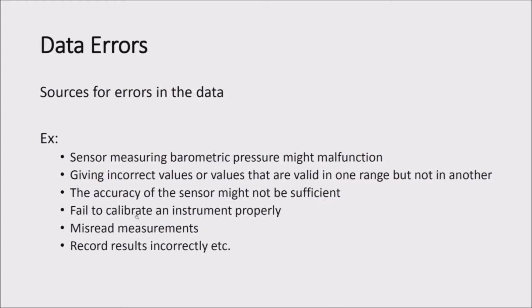Failure to calibrate instruments. So this is something like, let's say you are measuring your weight on a weighing scale device. We used to have old scale devices like this, and let's say your measure should start at exactly 0. Then whenever you get onto this, it will show some value.